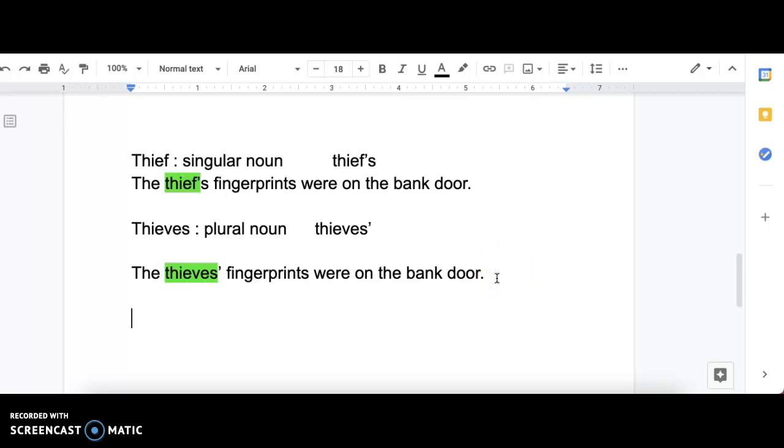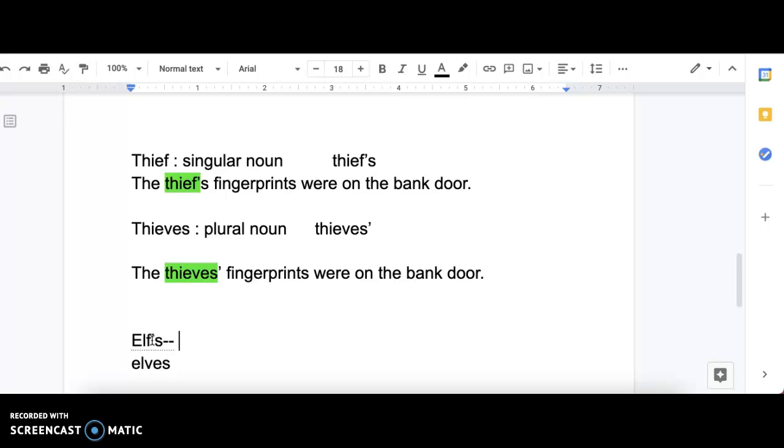Okay, so what I want you to do is you're going to think of a sentence. You're going to think of one sentence, and it either has to have the word elf or the word elves. Okay, so you ready? But now we're going to make it possessive. So it would be elf apostrophe s.